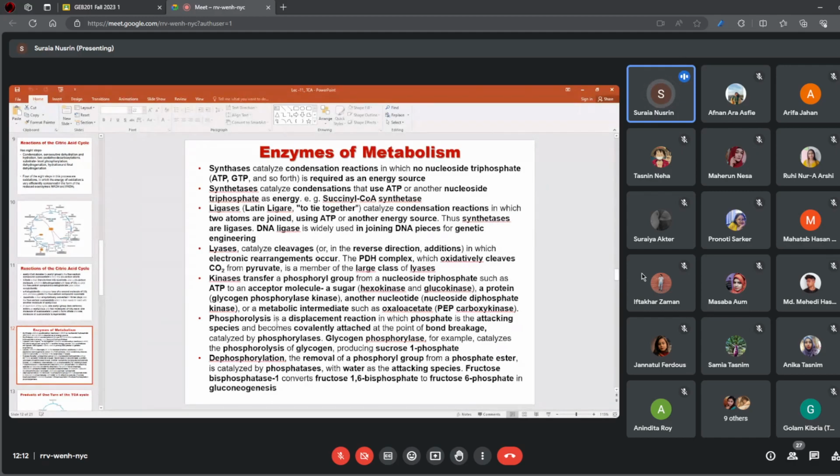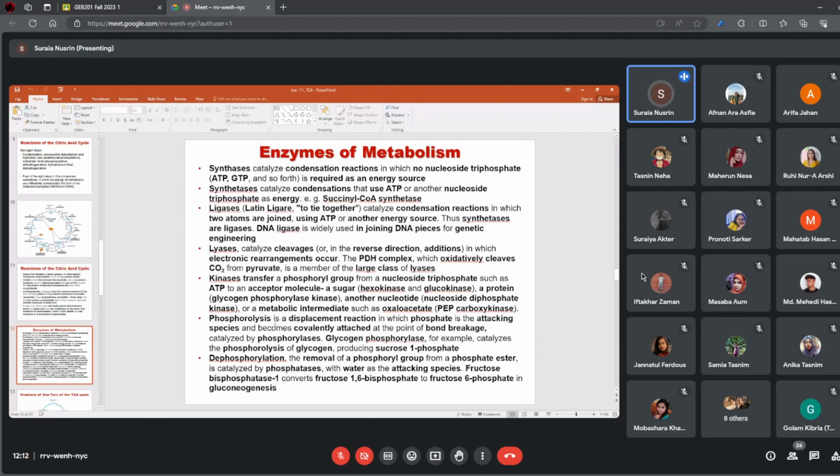Glycogen phosphorylase attacks glycogen, which is a polysaccharide, especially the non-reducing end of the polysaccharide. And when the glycogen is degraded, it produces glucose 1-phosphate, as one sugar residue at a time is attacked and leaves the polysaccharide as glucose 1-phosphate.